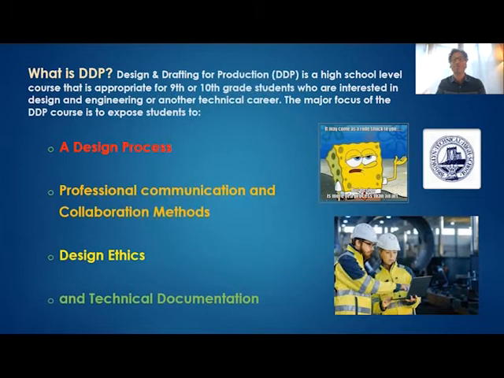The major focus of this DDP course is to expose students to a design process, professional communication and collaboration methods, which basically means group work, design ethics, what makes good and bad design, and technical documentation, and all sorts of charting and data, because we want our decisions to be based on solid evidence and data that we collect.